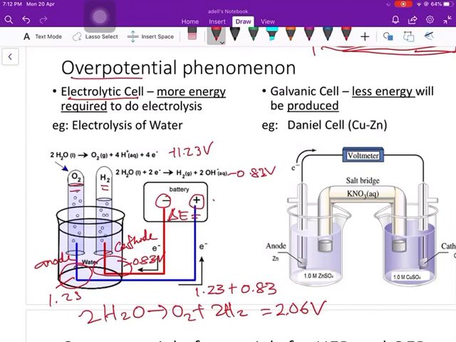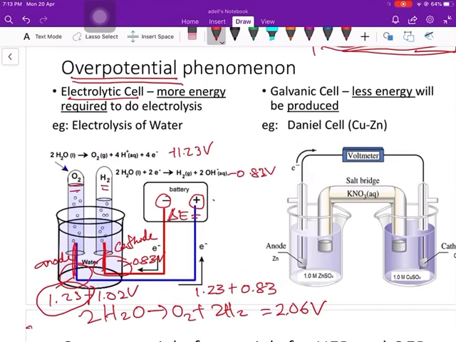But in the case of overpotential, the requirement at each electrode, cathode and anode, is more due to overpotential. For example, here, if you use a gold electrode, you need to add 1.02 volt as listed above.